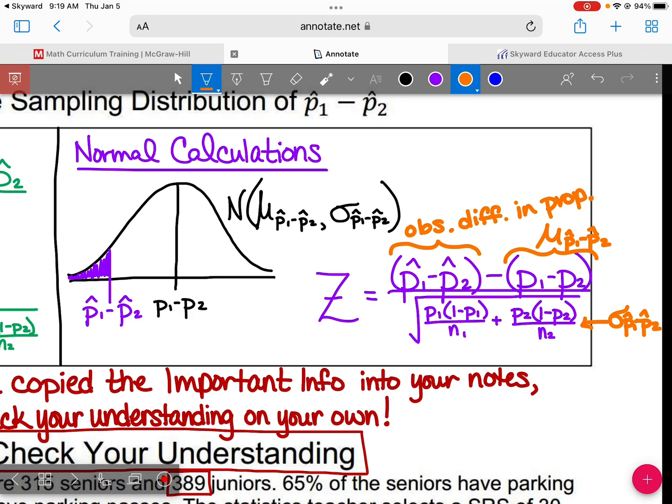If you're not quite sure how to do the check your understanding, look at number 6 and number 7 on the previous page.